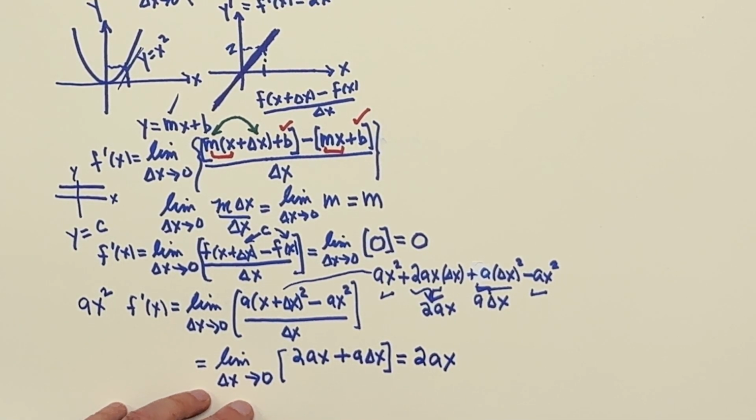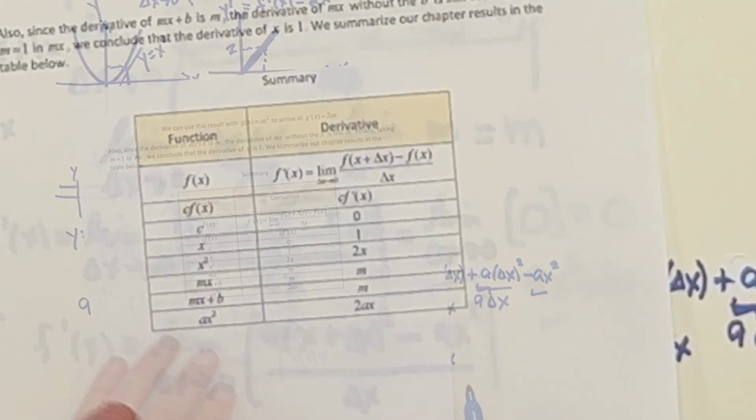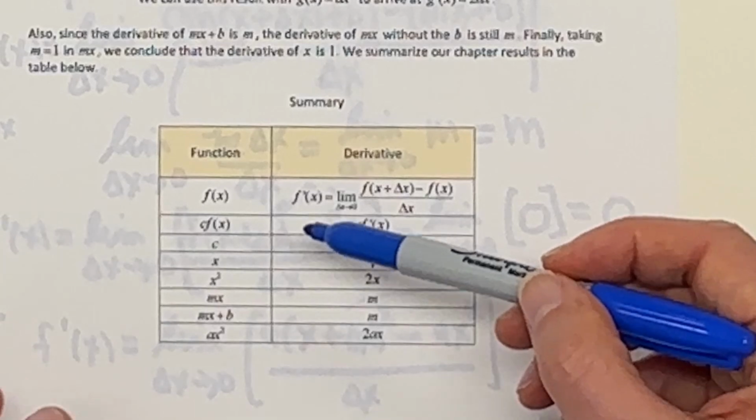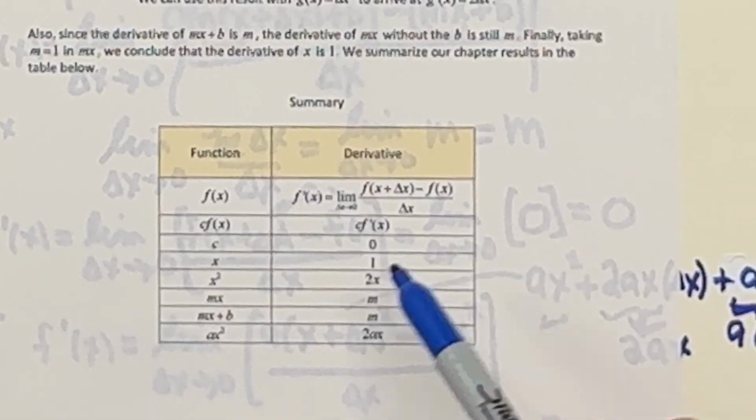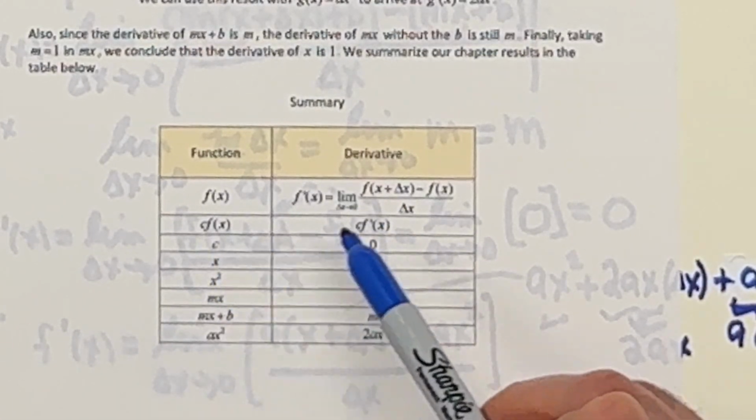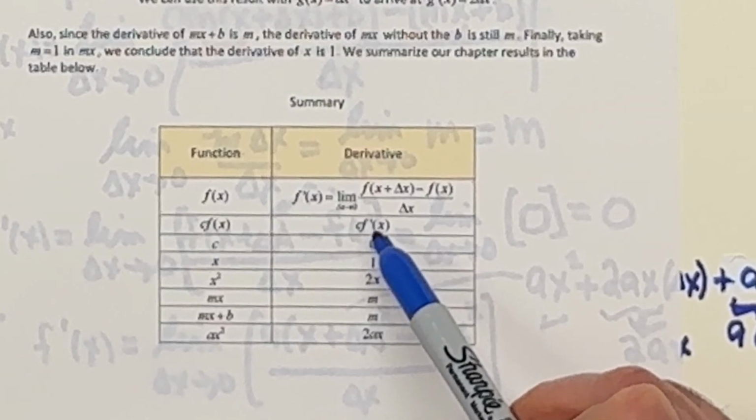If we have a little table to summarize our results in the book here, I have also that c times a function is then c times the derivative.